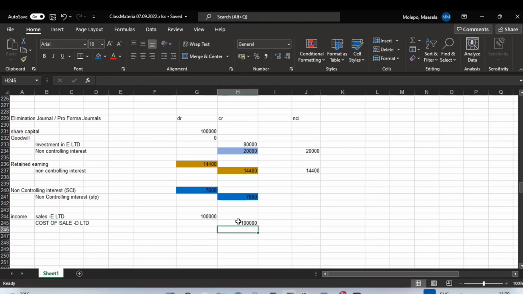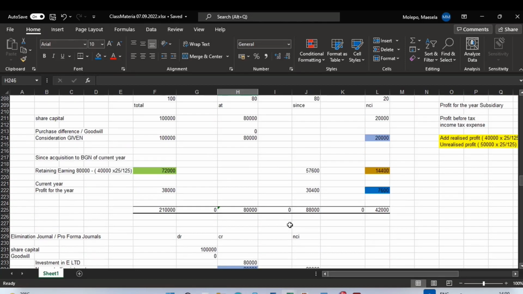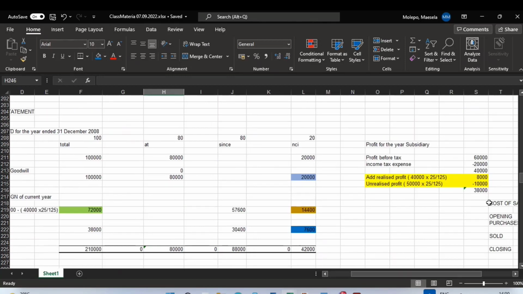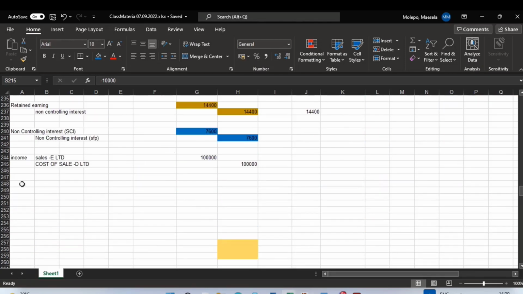And then the unrealized profit on the inventory, the one which was not eliminated, is not yet realized. So we're going to put it here.